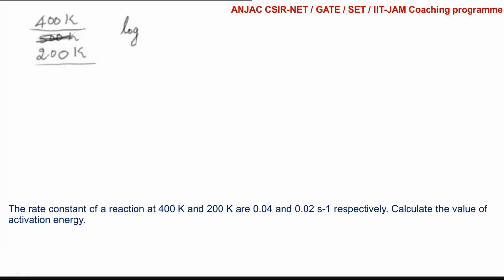Now you are getting log of 0.04 by 0.02 is equal to EA by 2.3 into 8.3 into 1 by T1, 200, minus 1 by T2, 400.